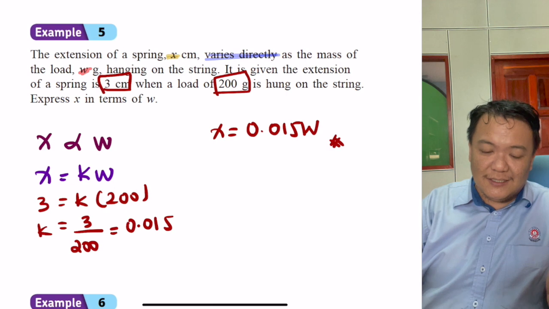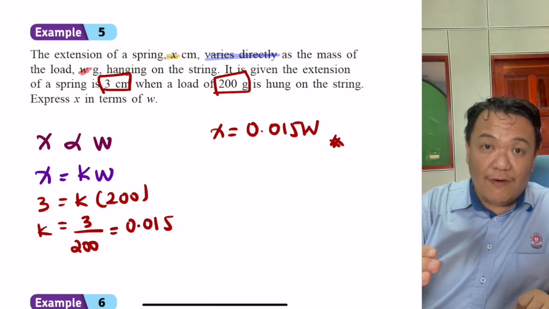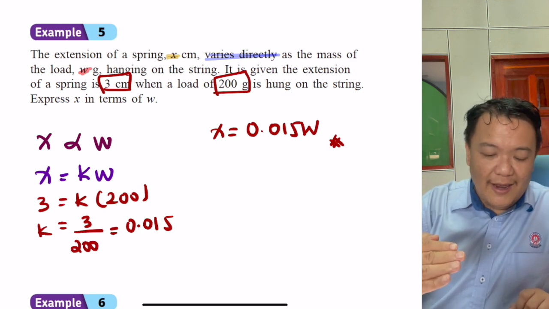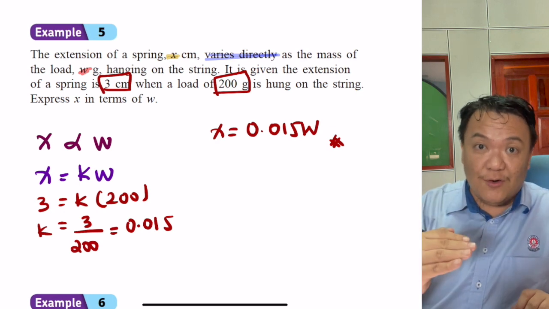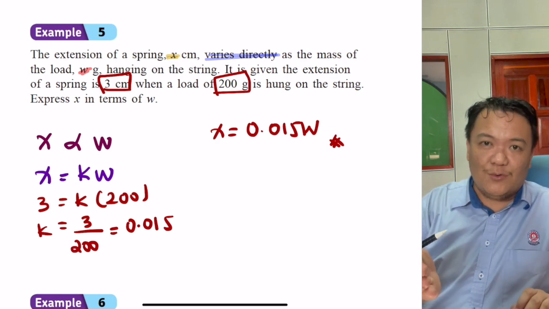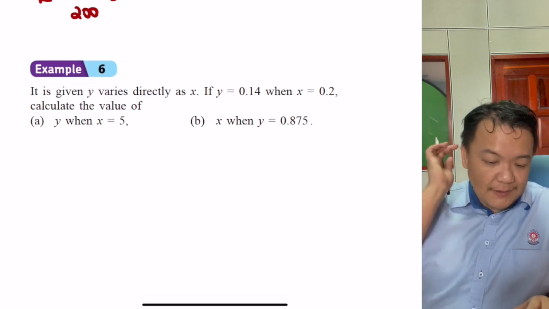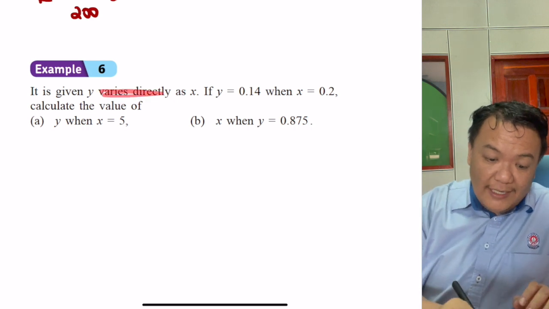Simple kan? Mudah saja. So from the relation form, change into equation form, tukar yang ada k, and then find the value of k, then substitute back the value of k into the previous equation. Simple saja, tak susah. Okay, next example 6. Okay, it is given that y varies directly.